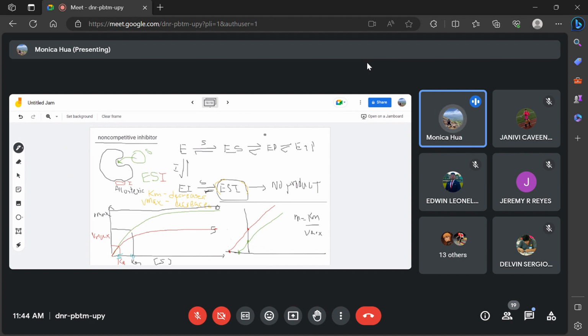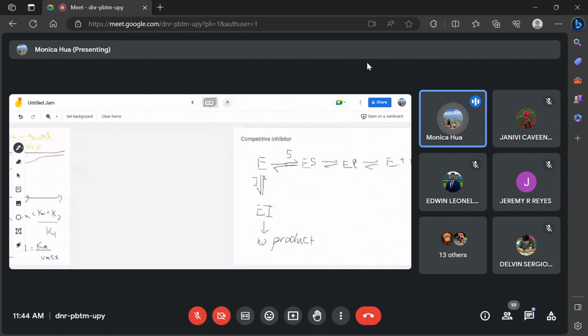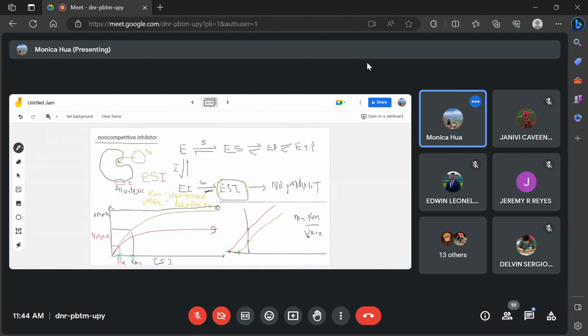I always need to remind myself: Km over Vmax. So the Km decreased, the Vmax decreased, so the slope should be relatively the same, and so we have a parallel line or somewhat parallel line. This type of inhibitor will give you this type of plot.